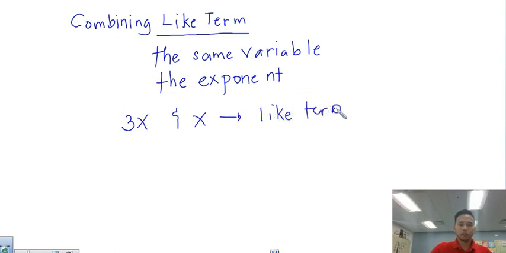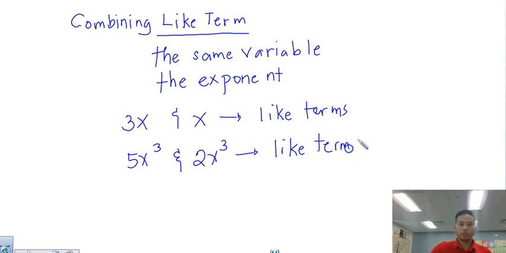Okay, if I have here 5x cubed and let us say 2x cubed, these are like terms.